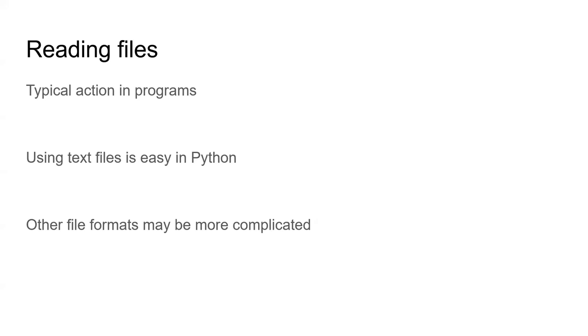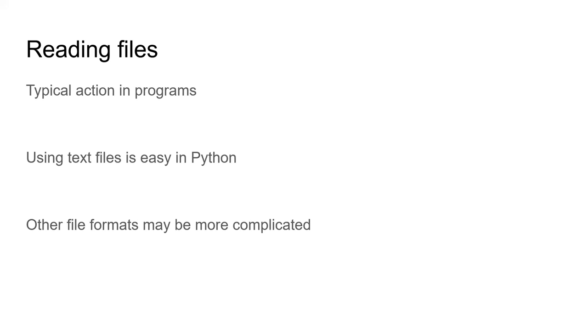A really typical way to handle data in programs is to read data from an external file, and then maybe process it, and then maybe write it back to another file. What we're going to talk about today is using text files, or reading text files, in Python.